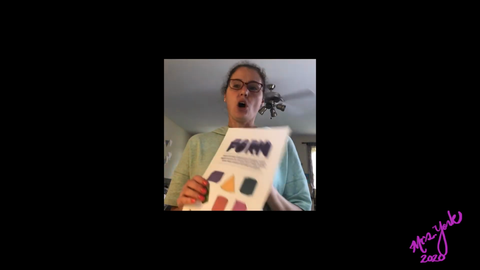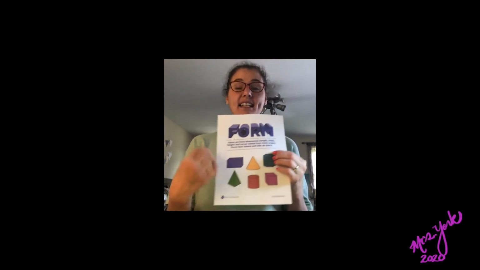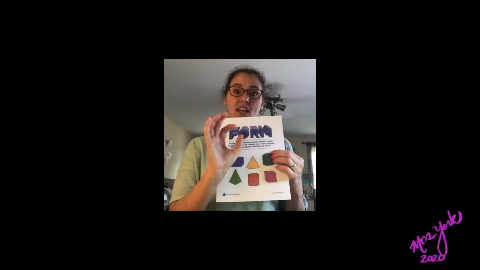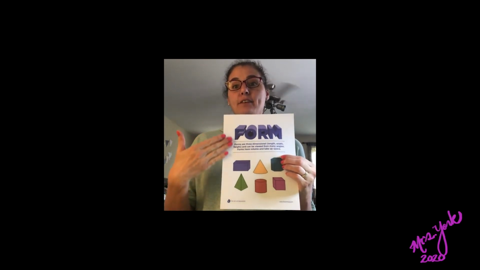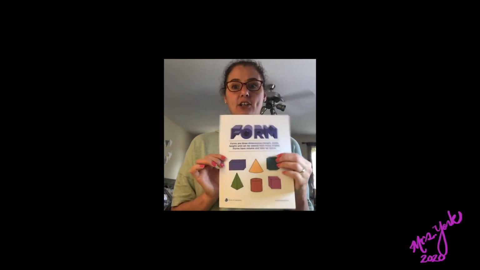For example, if I look at the front of this, this is a square. But when I turn it to the side, it has height, width, and depth. So this is actually not just a square, it's three-dimensional. A circle is a round shape, but a circle that's a form is a sphere.